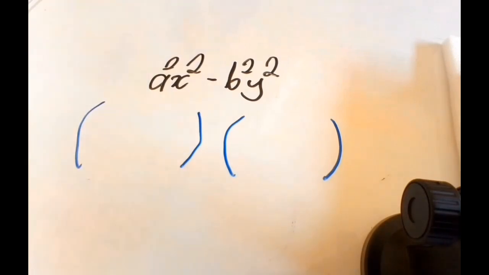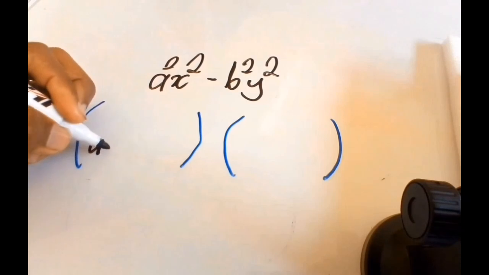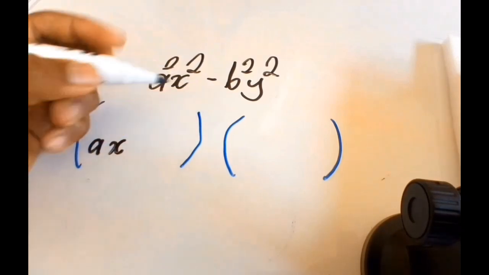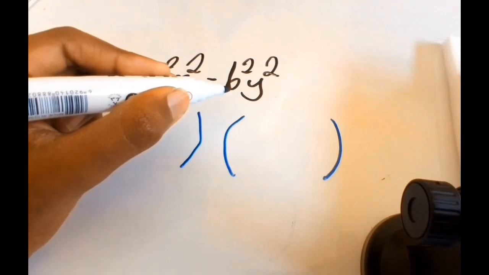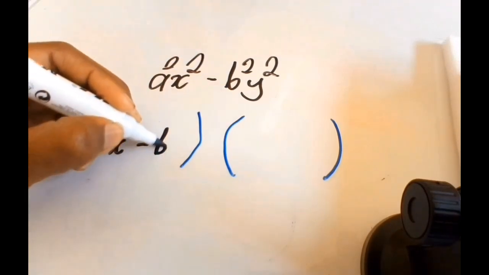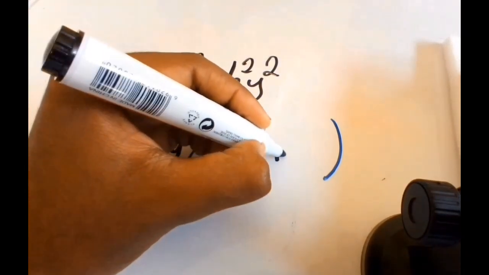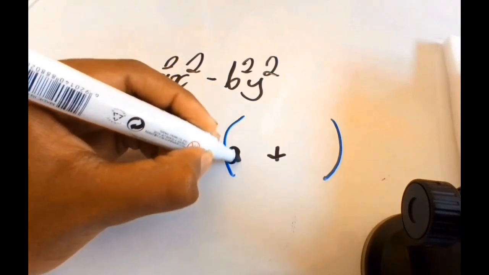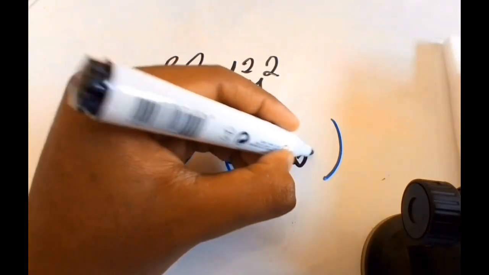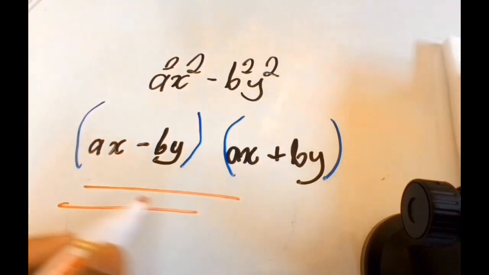We know the square root of a squared is a, so write a. The square root of x squared is x. We get this sign negative. Then the square root of b squared is b, and the square root of y squared is y. Then on the other side, we just put an opposite sign and repeat the terms ax by. Just like that, you've factorized with difference of two squares.